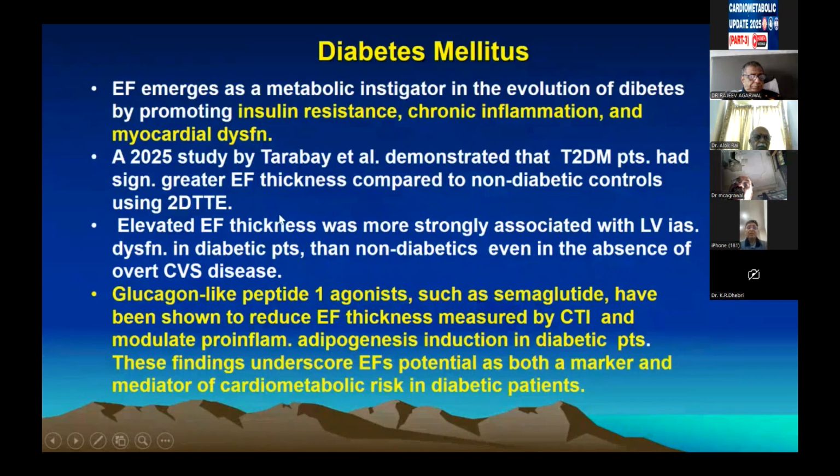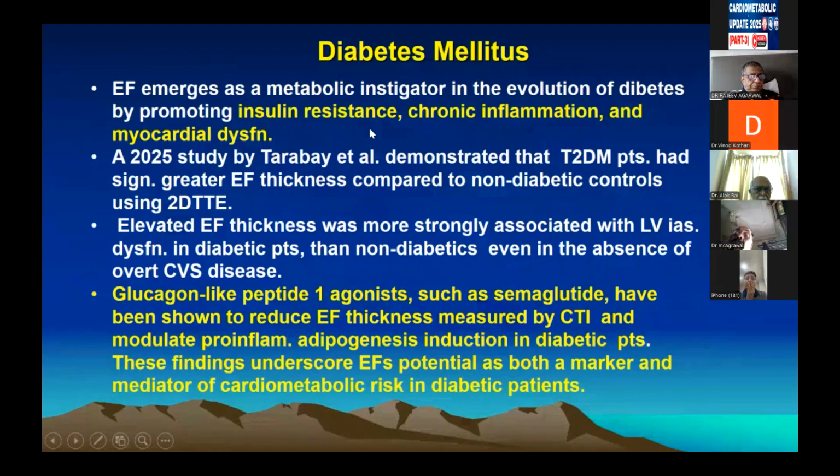Well, what about diabetes mellitus? Epicardial fat has emerged as a metabolic instigator in the evaluation of diabetes by promoting insulin resistance, chronic inflammation, and myocardial dysfunction. And it has been demonstrated that you have greater epicardial fat thickness in diabetics compared to non-diabetics.